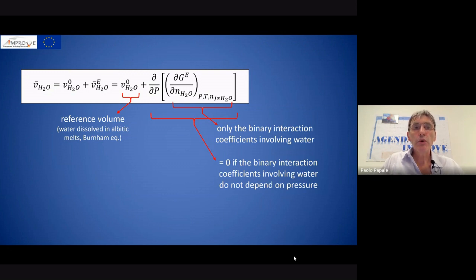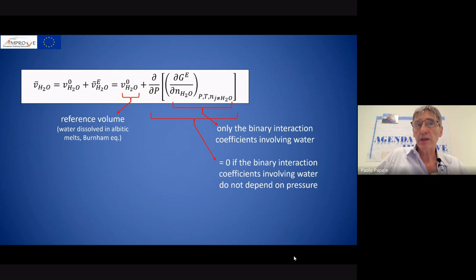We can now fully understand the global reasoning behind the model. We know the partial molar volume of water in a specific silicate melt, liquid albite. We have adopted that quantity as the reference partial molar volume of water dissolved in any silicate melt. Then the excess Gibbs energy, and in particular the part of it which depends on water, gives us the deviation from such a reference partial molar volume as due to the composition of the specific melt under consideration.